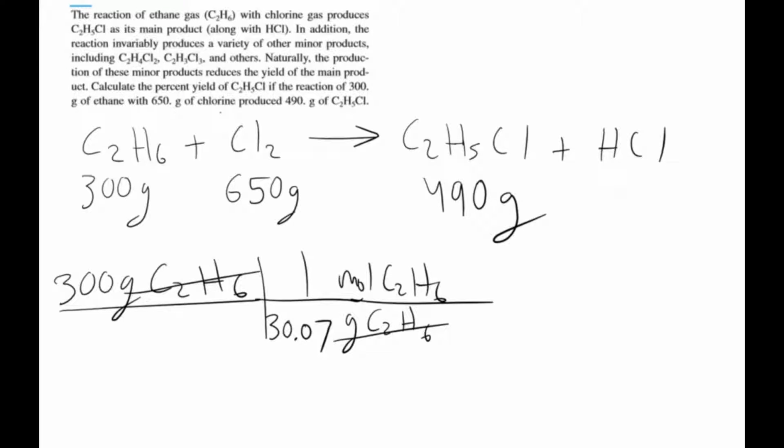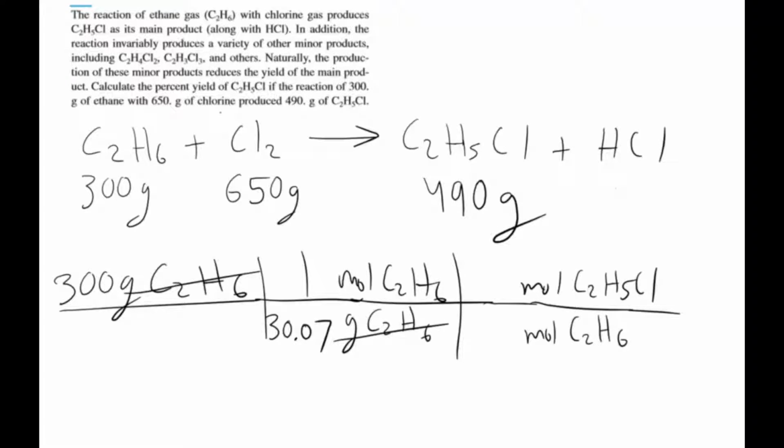At this step, we can't stop here and just figure out the moles of the reactant, because now we have to do a mole-to-mole ratio with the reactant, ethane, and the moles of the product, chloroethane.